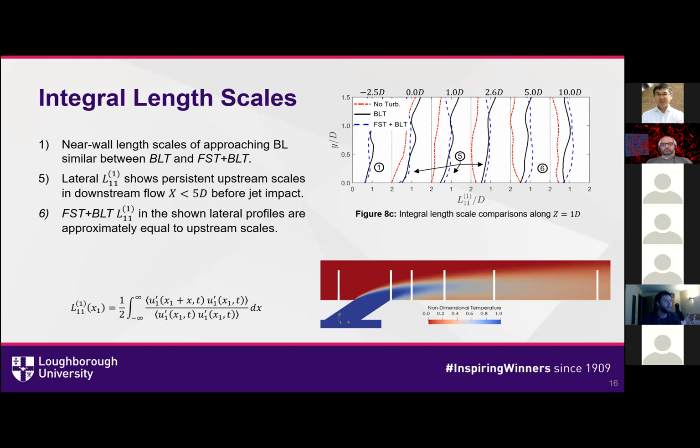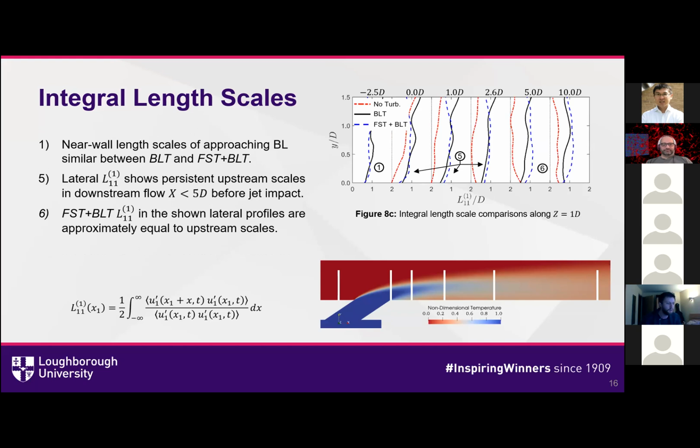So these are profiles taken at the same streamwise points, but 1 diameter off the center line in the lateral position. And we can see a couple of different things happening here. For the boundary layer turbulence and the free stream turbulence case, we can see that the upstream scales are reflected in the downstream profiles, and even more so for the free stream turbulence case.